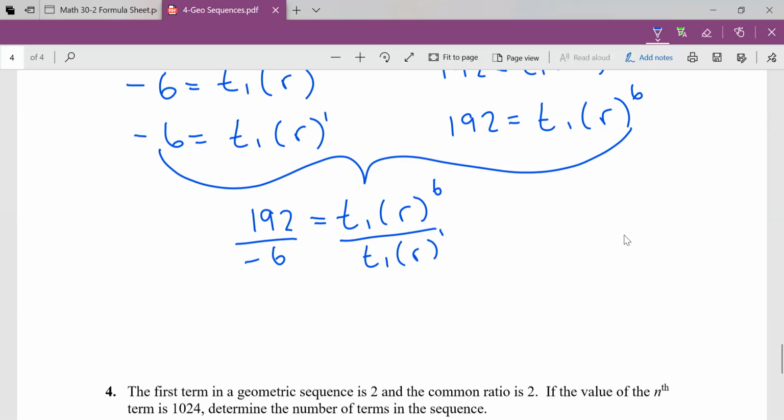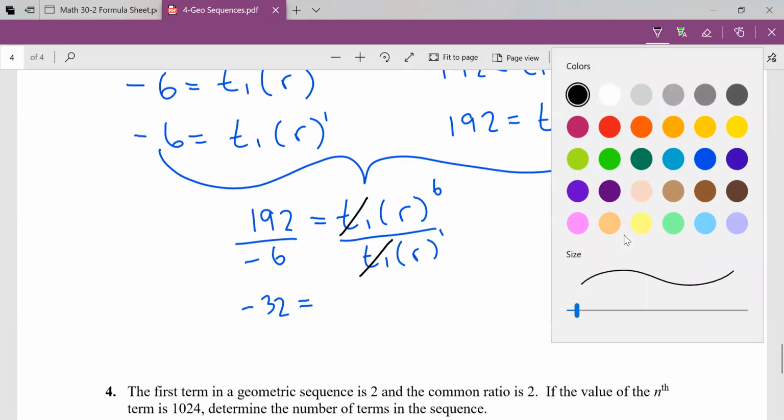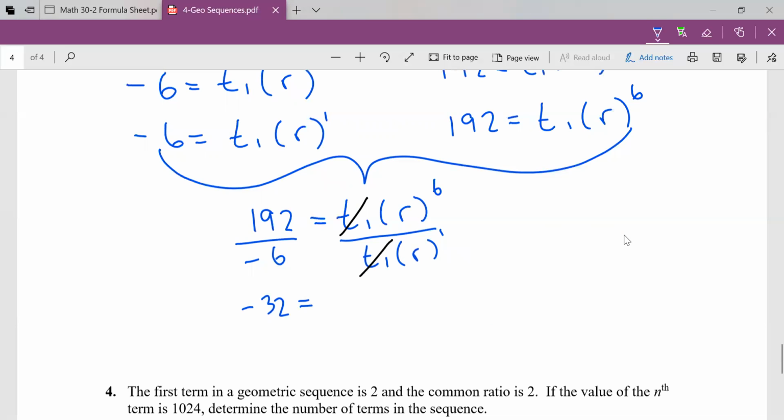We can divide. That's going to give us -32. And notice what happens with the T1s. They divide out. T1 divided by T1 is 1. So that's perfect. And if you remember, what I'm going to do here is say 6 minus 1. That's 5. We subtract our exponents.